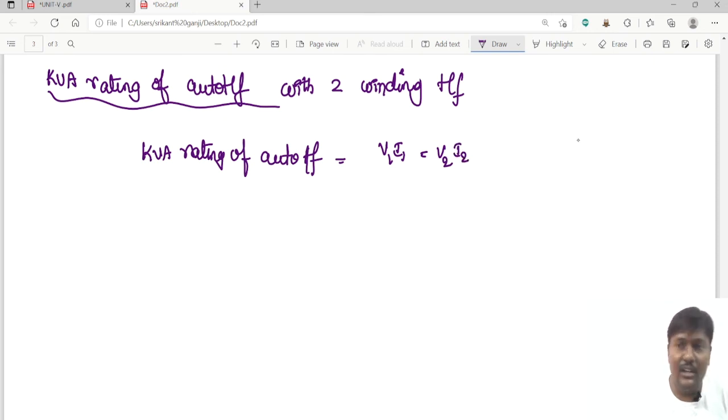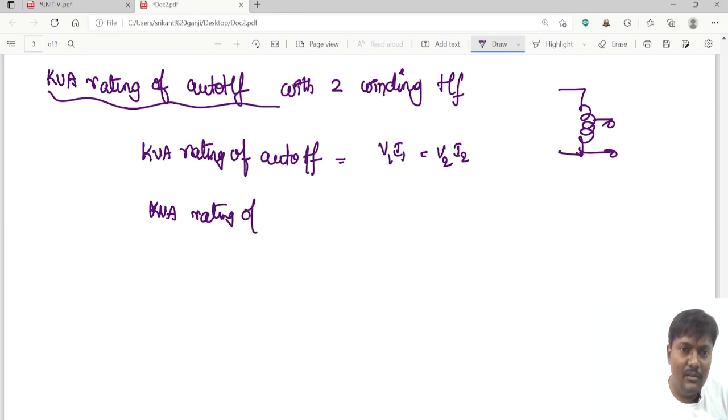But in this auto transformer, the transformed part is, so the kVA rating of the single phase, that means two winding transformer, is equal to (V1 minus V2) into I1.